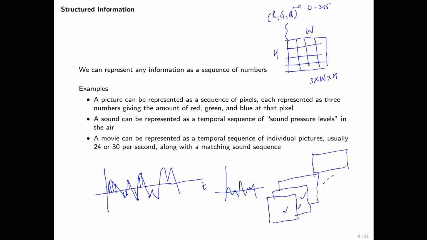So a movie then is nothing but a sequence of numbers, one sequence per frame, along with another sequence of numbers representing the audio part. So the bottom line of this discussion is that every piece of information can be represented using numbers on a computer.